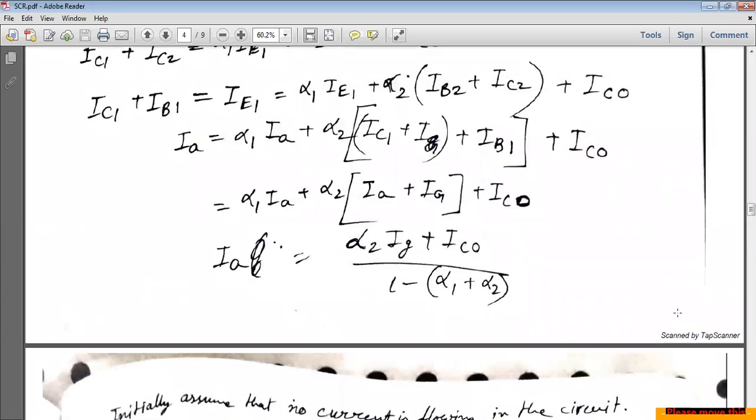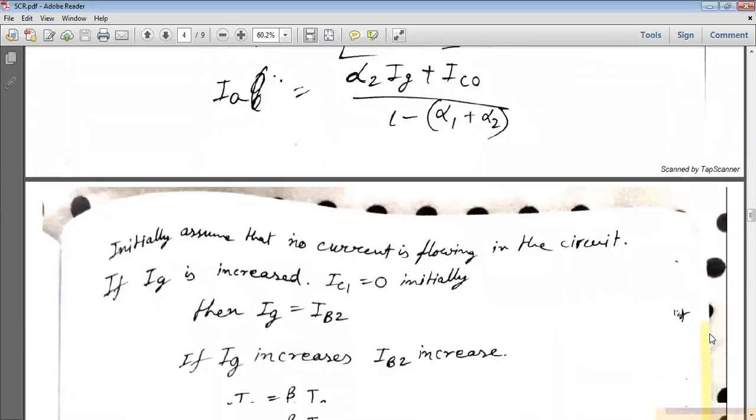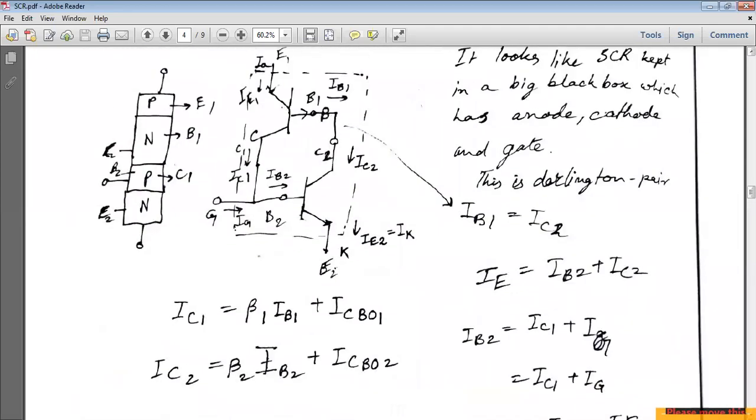Initially, assume that no current is flowing in the circuit. If Ig is increased, IC1 is equal to 0, collector current equal to 0 initially. Then Ig equal to IB2.